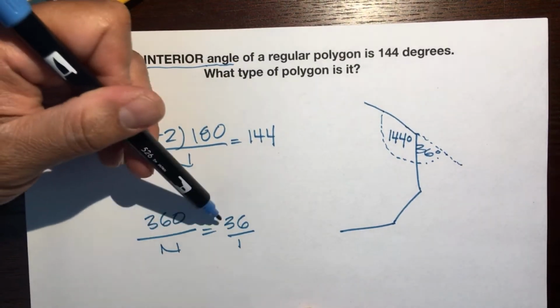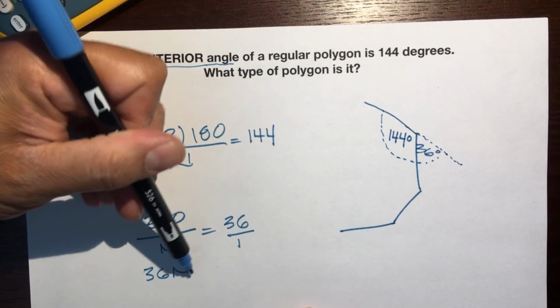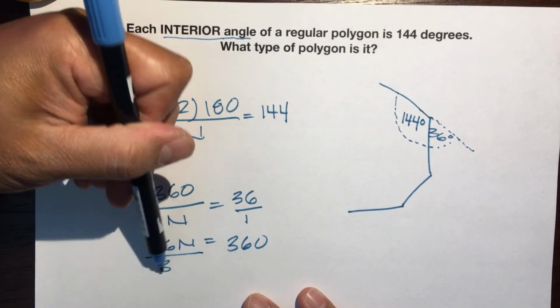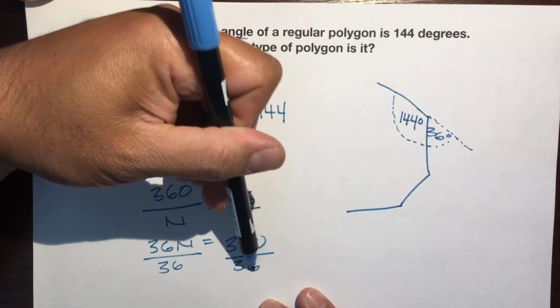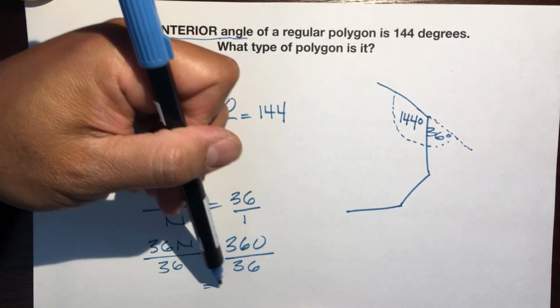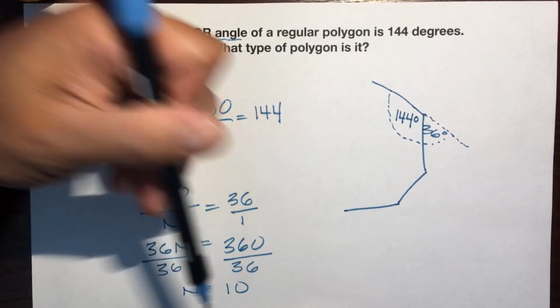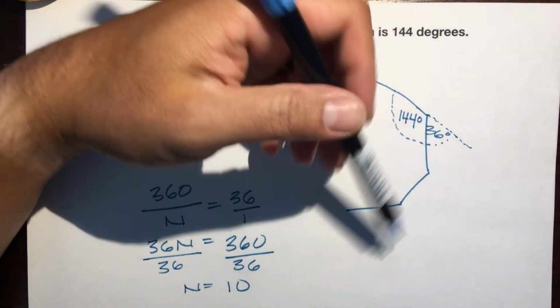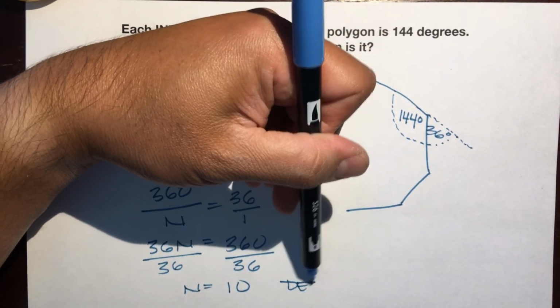Put a 1 under, 36 times n is equal to 360, and we don't even need a calculator. Divide both sides by 36. 36 goes into 36 once, 36 goes into 0 times, so n is equal to 10. 10 sides, that would be a decagon.